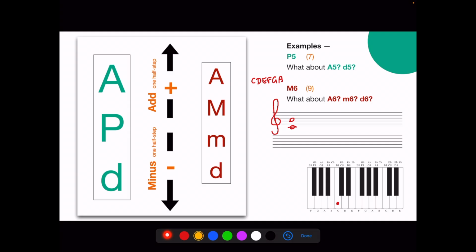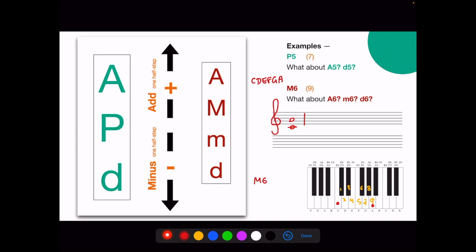So from C, if you count 1, 2, 3, 4, 5, 6, 7, 8, 9. Okay, so it is correct. So we have C and A. These two notes, if we play them together, that's a major 6th.